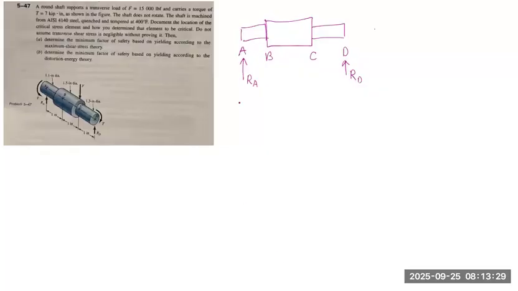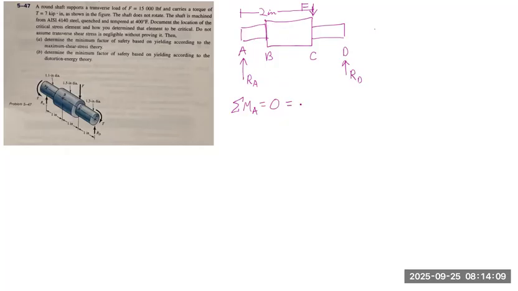So we have that the sum of moments around A is equal to 0, and we have a force pointing down here, F. It equals negative 2F because this distance is 2 inches, and it's negative because F rotates this clockwise.